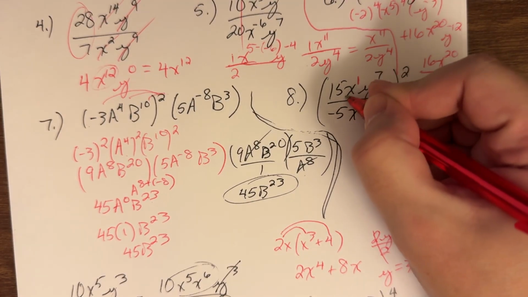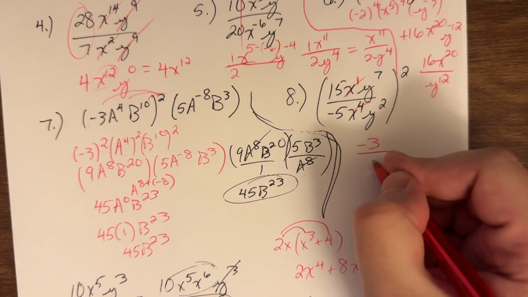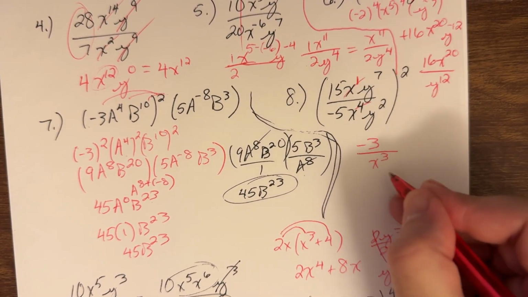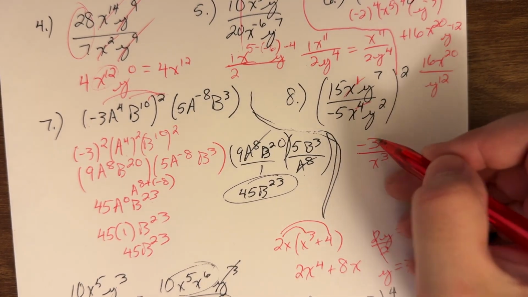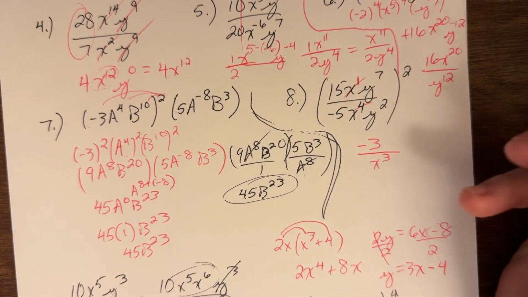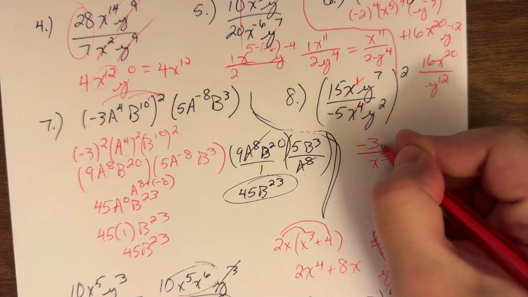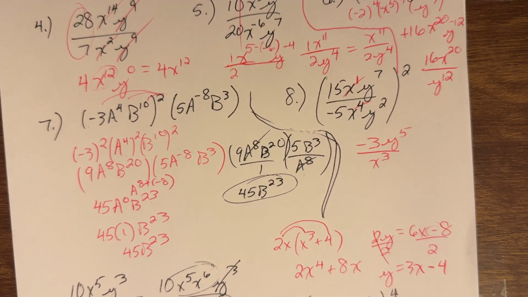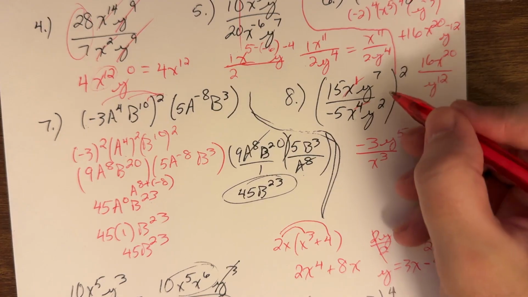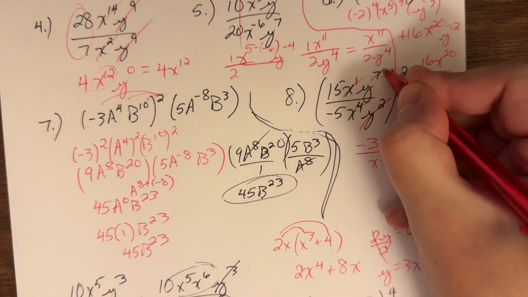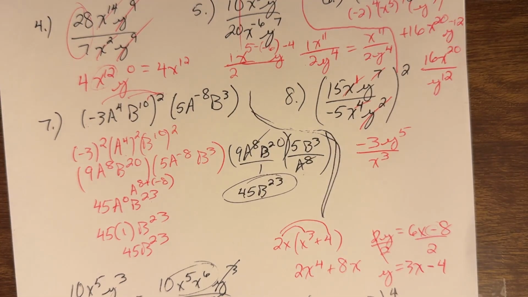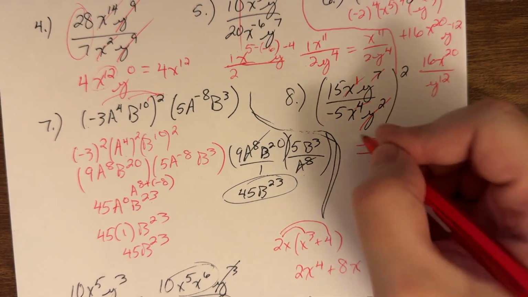Concept people, 1x cancels from 1x here, leaves 3 x's in the denominator. Y's, follow the rule. 7 minus 2 gives me a 5, very clean. If I'm a concept person, these y's all cancel. Cancel 2 y's from the top, leaves me with 5 y's in the top.